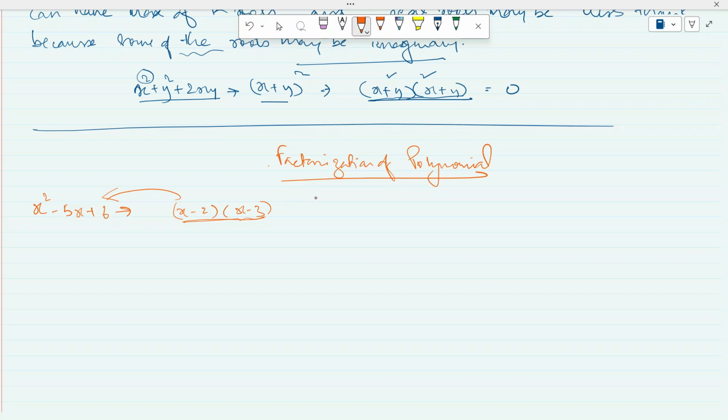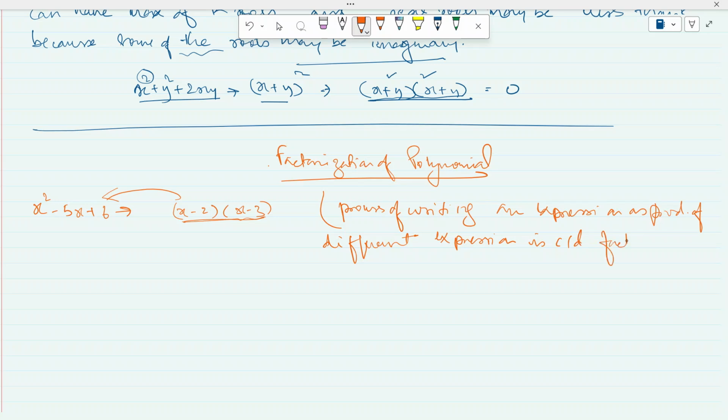So the process of writing an expression as a product of different expressions is called factorization. Here, we wrote this expression in factor form, as a multiplication of two expressions. So basically we have performed factorization on this expression. Okay.